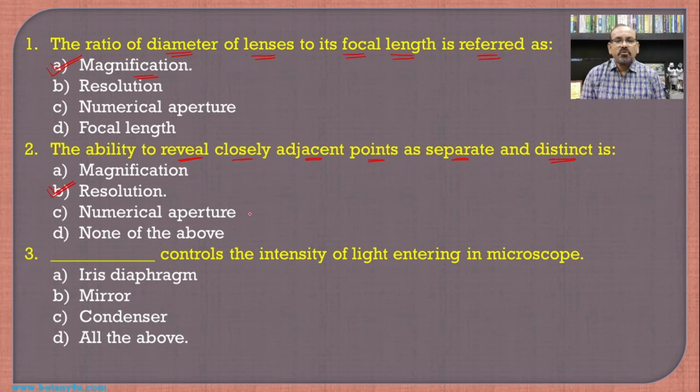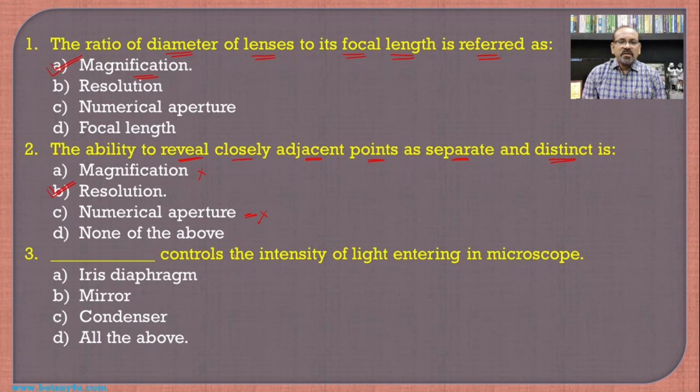And the numerical aperture is nothing but the ability to gather the light by the lenses, which is not related to the ability to reveal closely adjacent points, and hence it is not the answer. And earlier we have seen magnification as in question number 1.